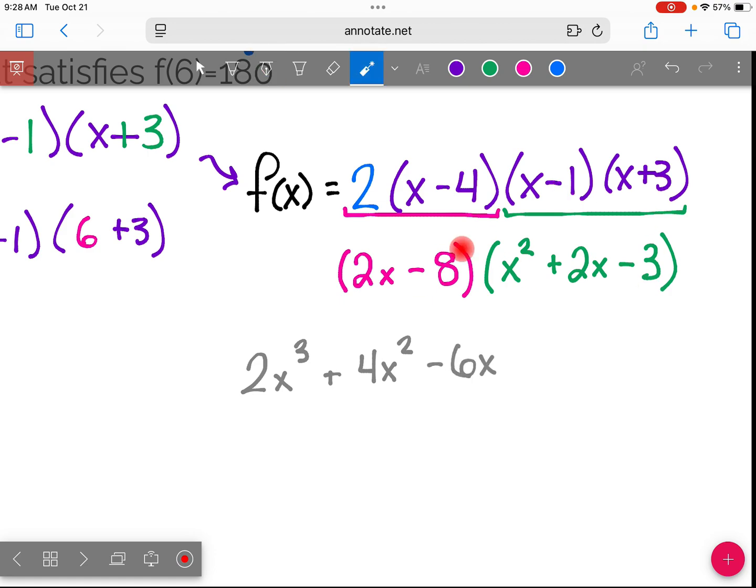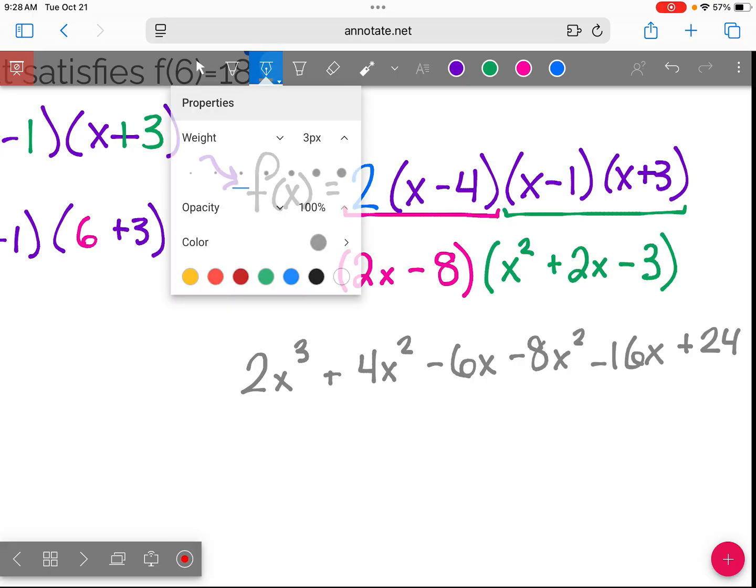Now I'm going to do all the same thing with my minus 8. Minus 8 times x squared, minus 8 times 2x, and minus 8 times 3. So that's going to give us a minus 8x squared minus 16x plus 24. So multiplying it out and then combining any like terms we have.